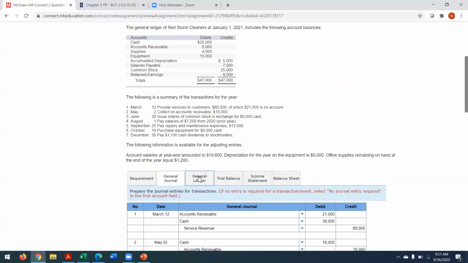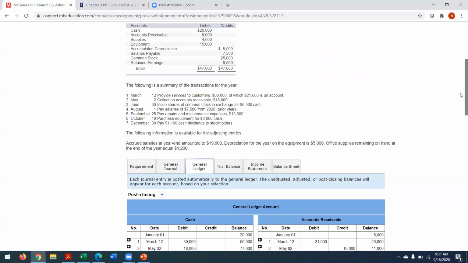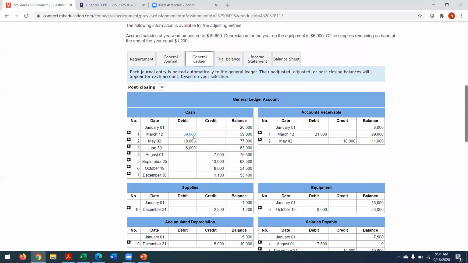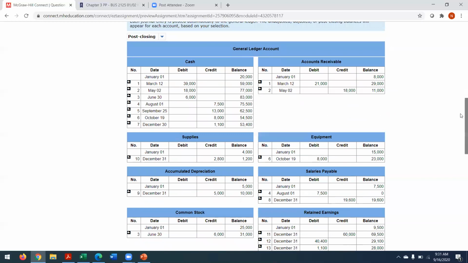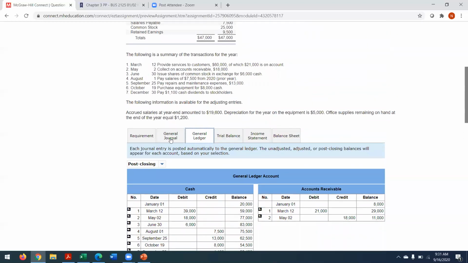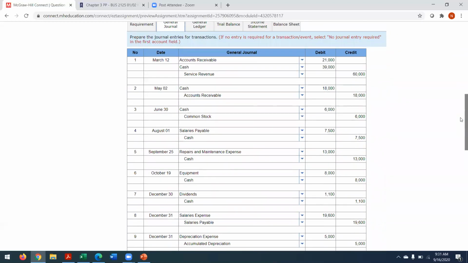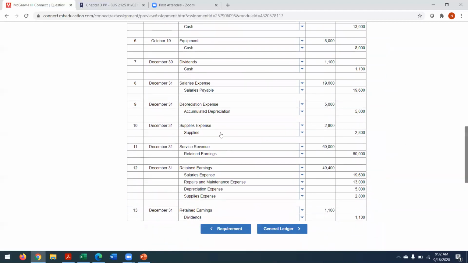Now, the general ledger will, I believe, automatically input everything that we've created a journal entry for. Because I'm showing you the full deal, it also has some things in here we don't need yet, the closing entries.